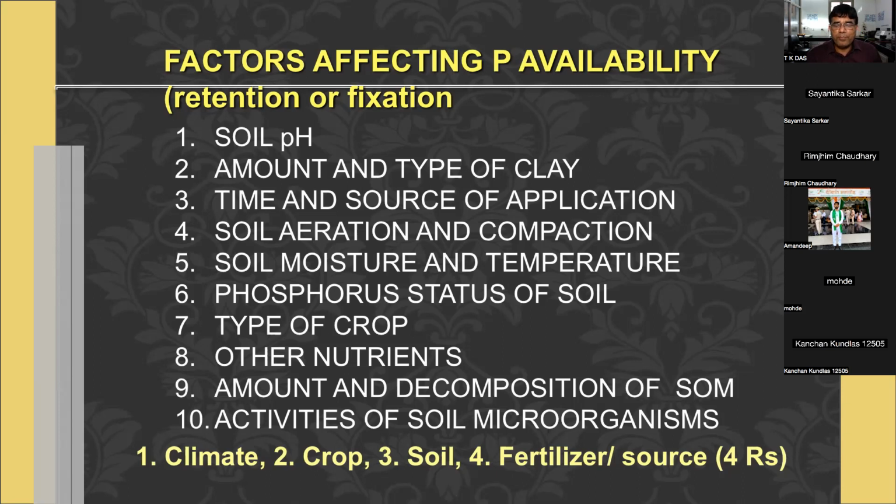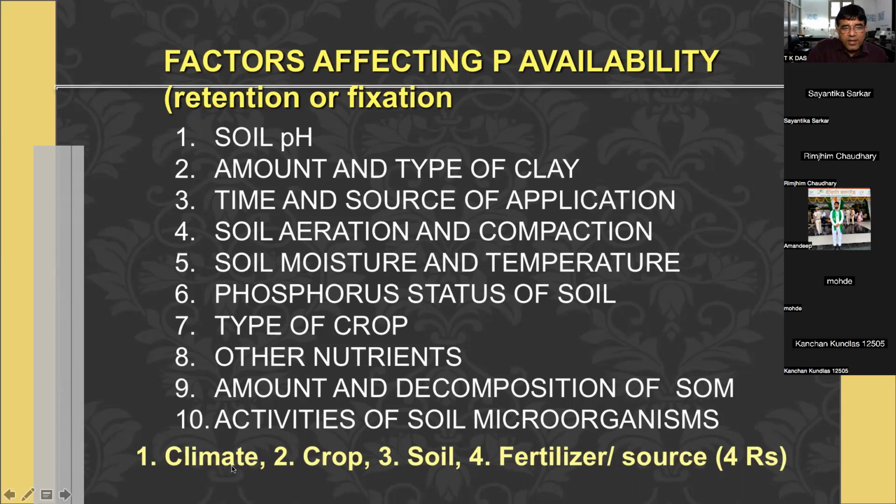For example, soil pH, amount and type of clay, time and source of application of phosphatic fertilizer, soil aeration and compaction, soil moisture and temperature, phosphorus status of soil, type of crop, interaction with other nutrients, amount and decomposition of soil organic matter, and activities of soil microbes. All these factors will affect phosphorus availability in soil. Or to be more simple, students can categorize these factors into four groups. For example, climatic factors.